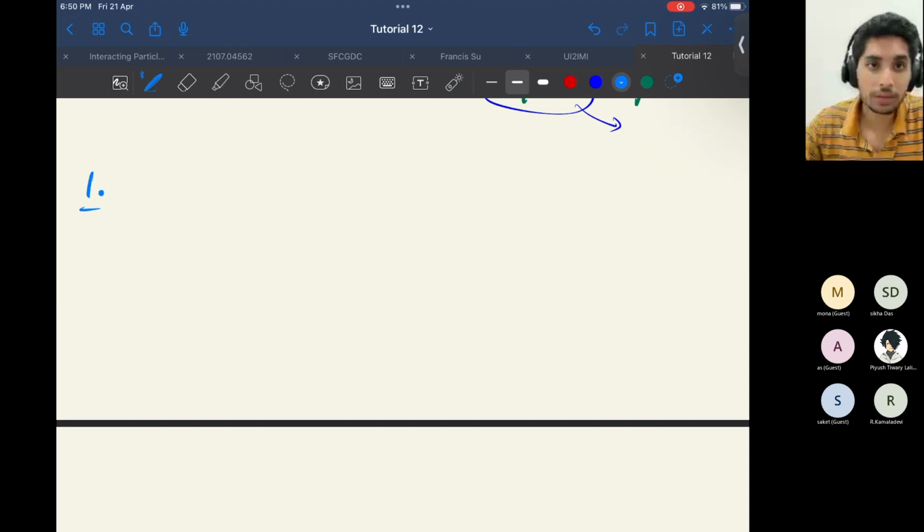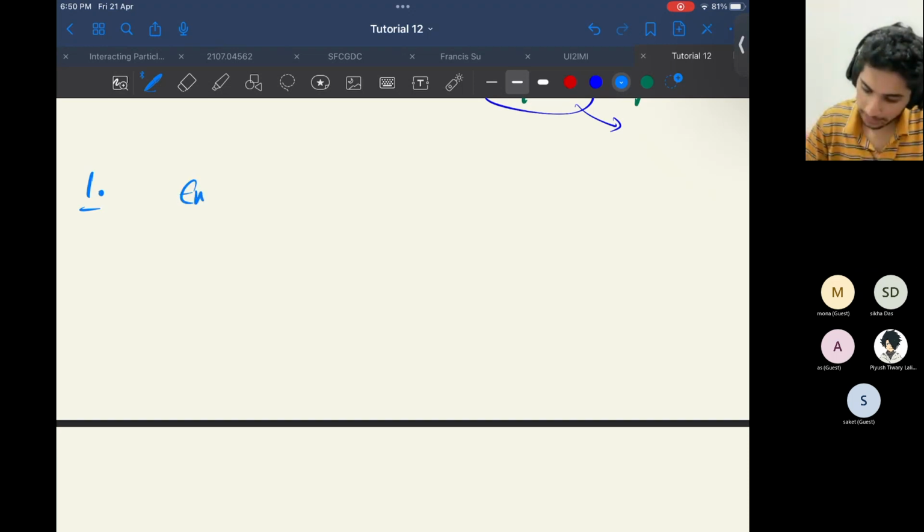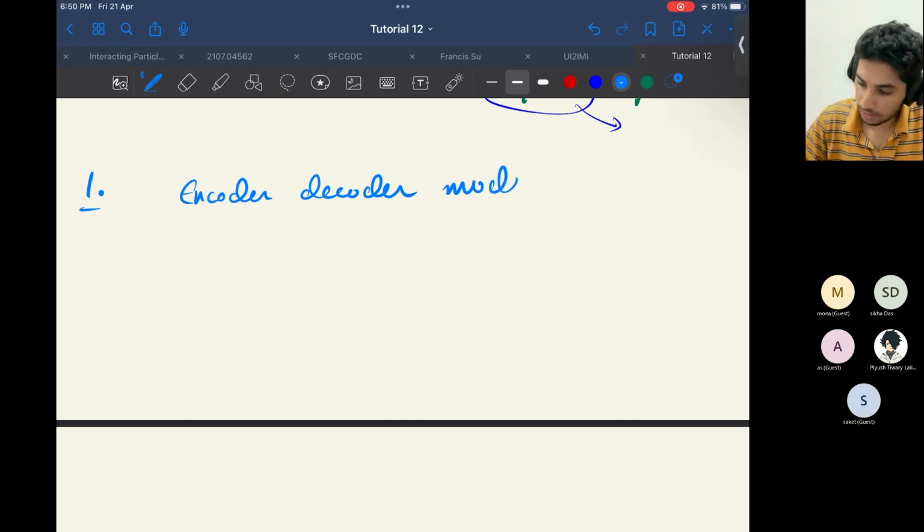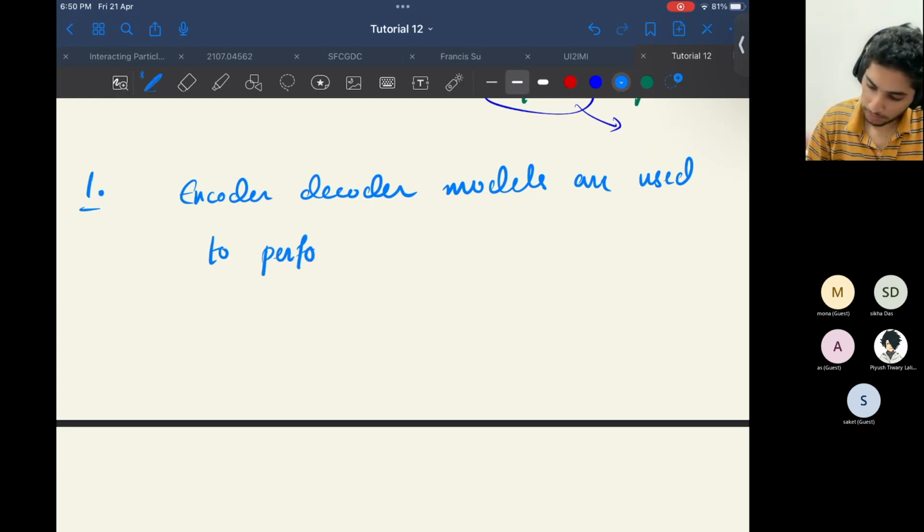So the first question asks that if we make the vocabulary for an encoder decoder model using the given sentence, what will be the size of the vocabulary? So what is the sentence? The sentence is: encoder decoder models are used to perform language translation tasks.